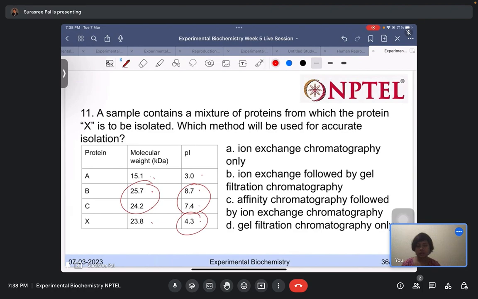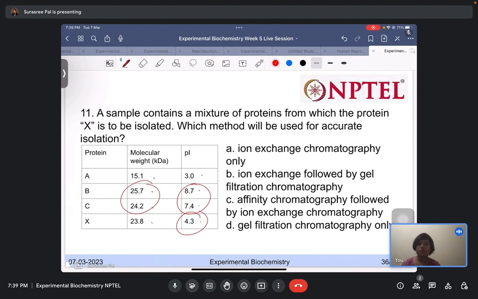So therefore we can use ion exchange, because at a particular pH, suppose if we use a pH of 7, then this pH will be greater than the pI, right? So therefore the protein will be negatively charged. So we can use ion exchange.